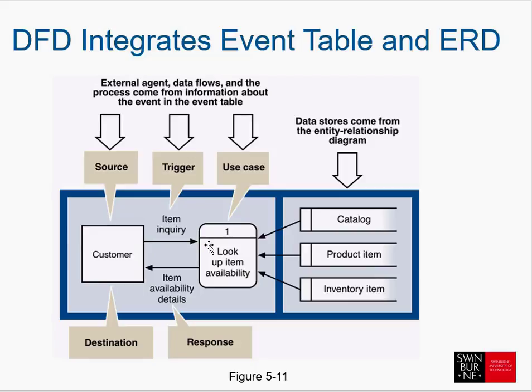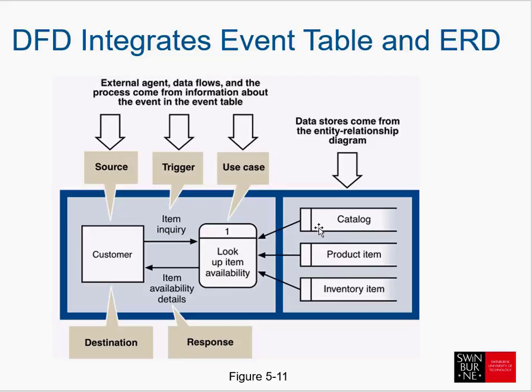What comes inside the process is data. The data is the item inquiry, so actually that data is captured in the trigger. That information comes inside to the process. The use case is the process, and in order to execute this use case, the system needs to capture some information from different entities.